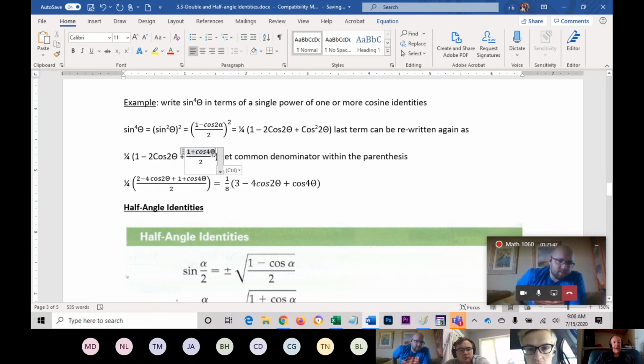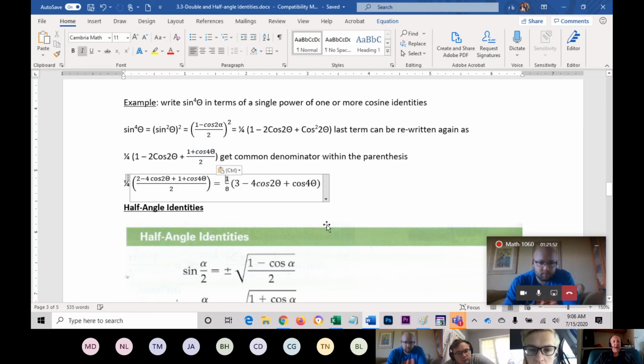And we can simplify the whole thing again. So we're going to get 1/8 times 3 minus 4 cosine of 2 theta plus the cosine of 4 theta. Cool. Okay. So the nice thing is we're able to get rid of all the powers, sine to the 4th, to just power of 1, essentially.